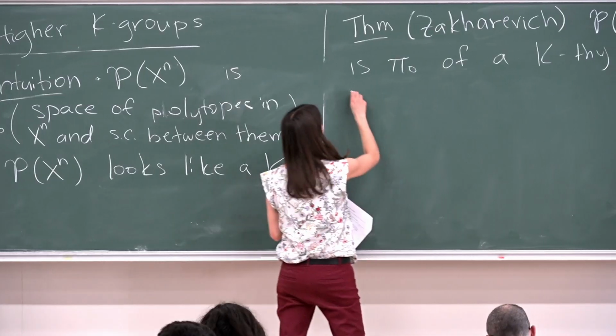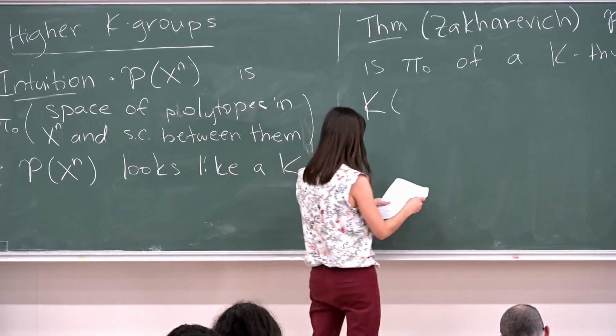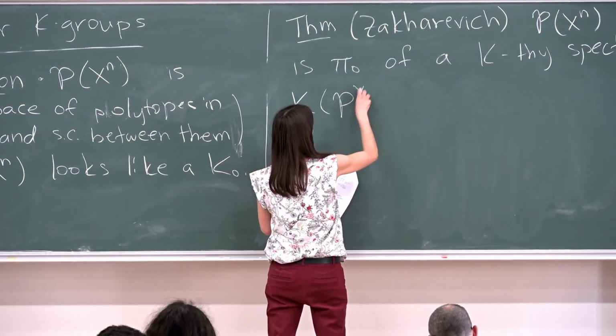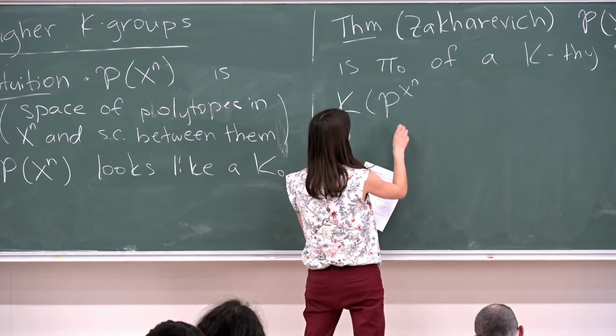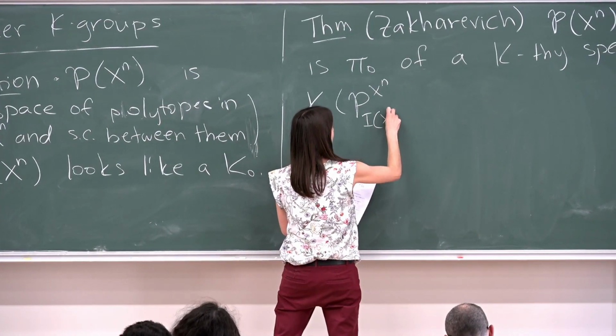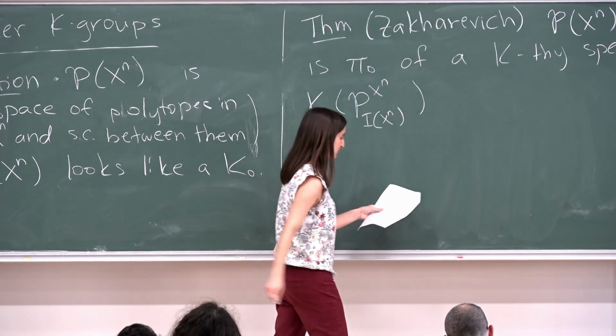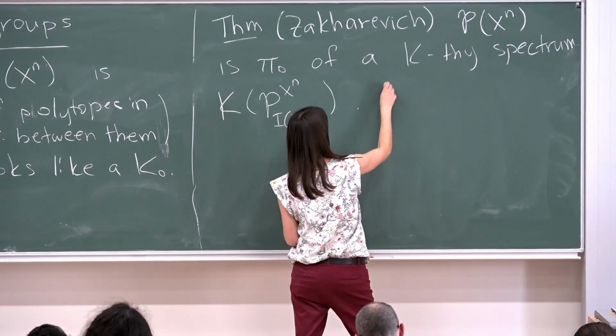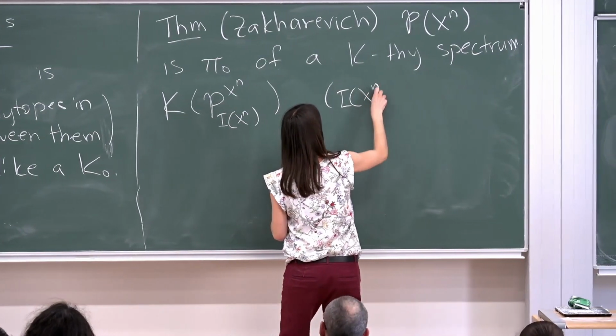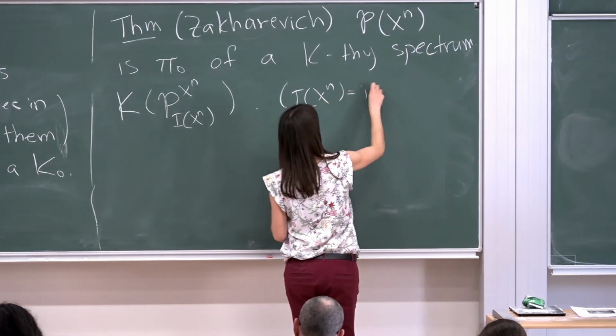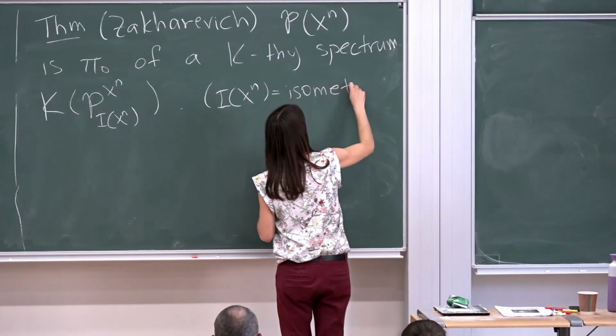So let's denote the spectrum K of this category P(X, I(X^n)). Here, I(X^n) is the group of isometries.